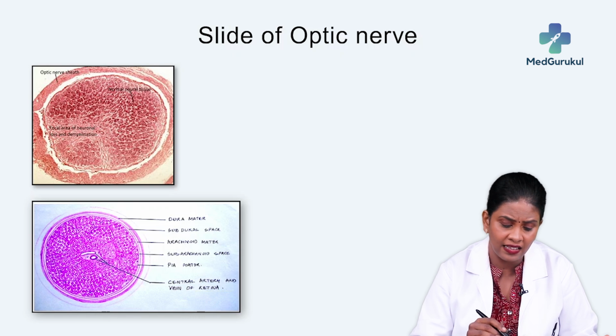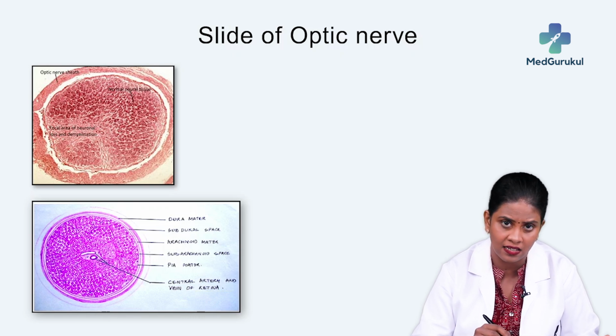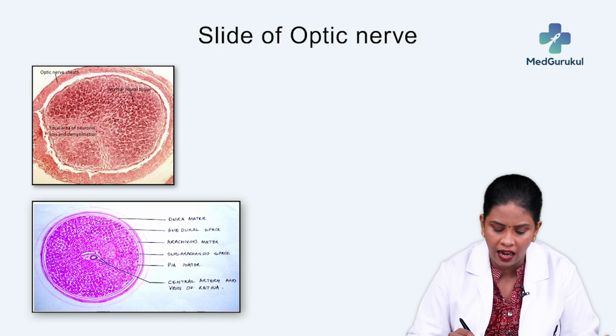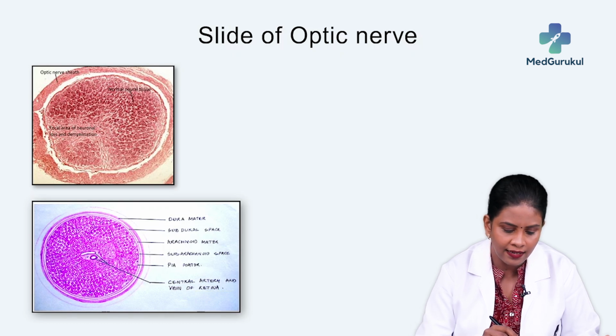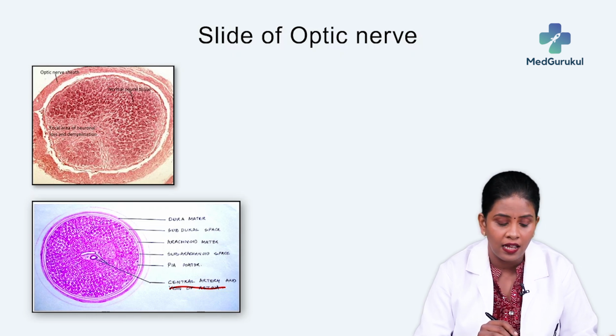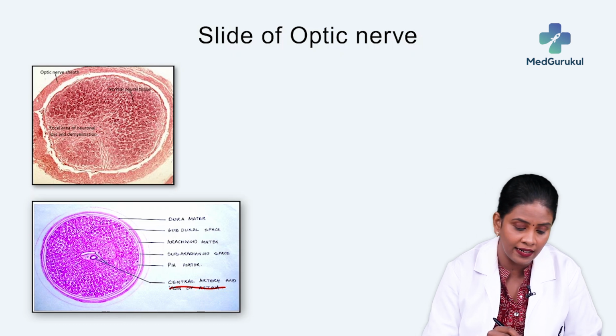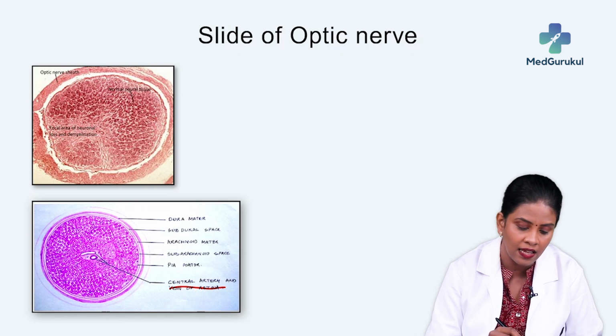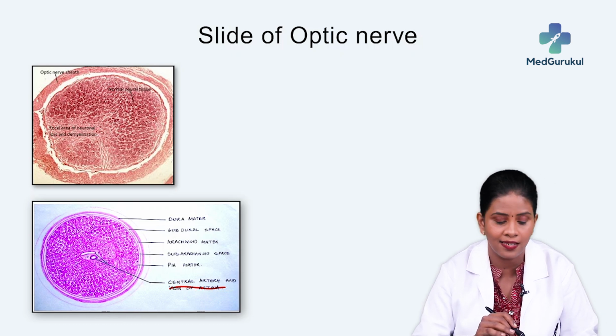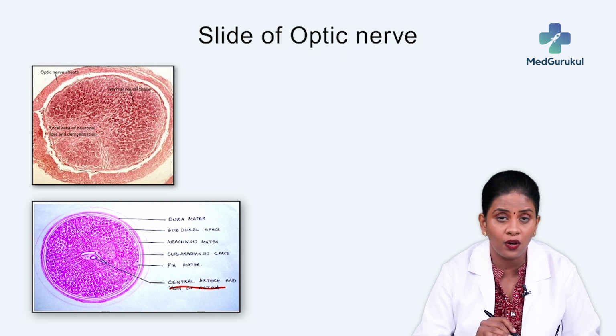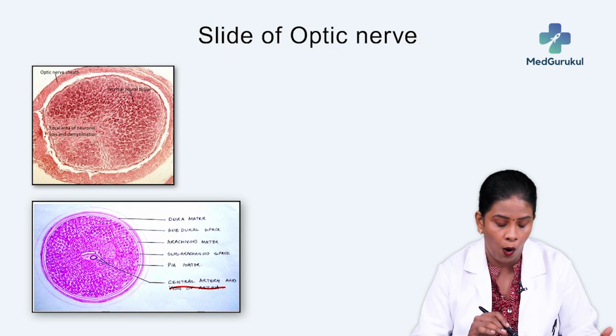But here in this optic nerve in the center you can see the central artery of retina and the central vein of retina. So, that is one of the differences between a slide of peripheral nerve and the optic nerve.